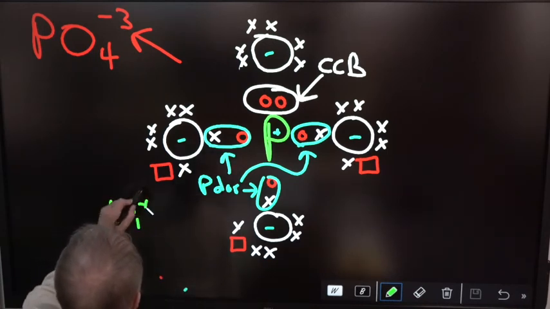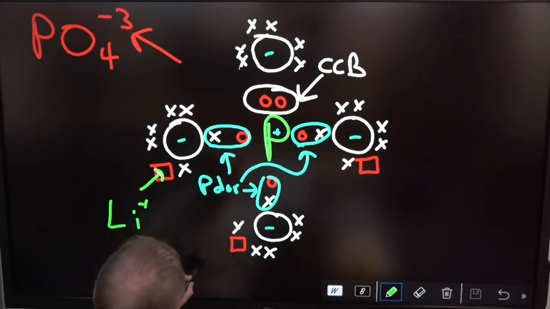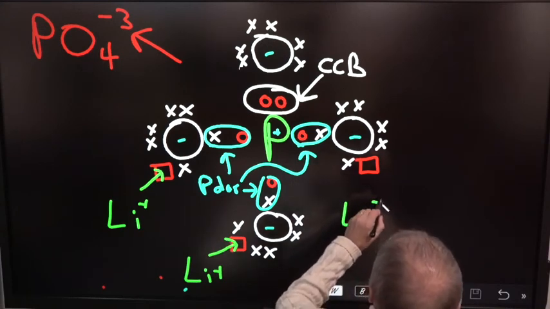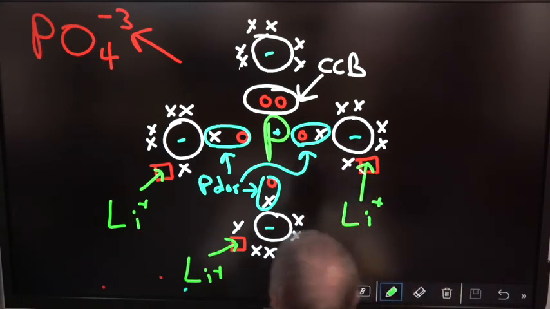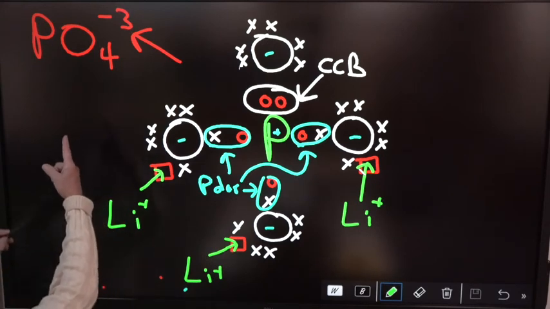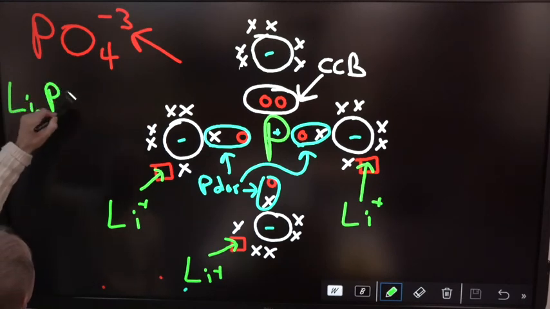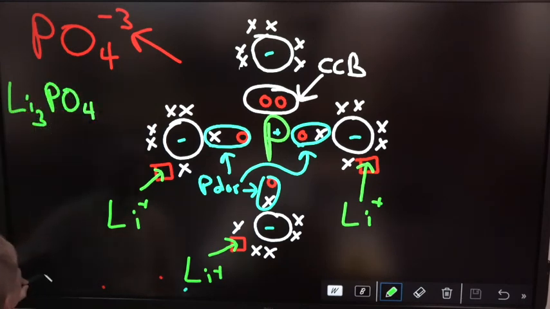Li plus, the electron goes right there. Li plus, that electron goes there. Li plus, that electron goes there. Now, up here, I just made this. Li3PO4. I just made lithium phosphate.